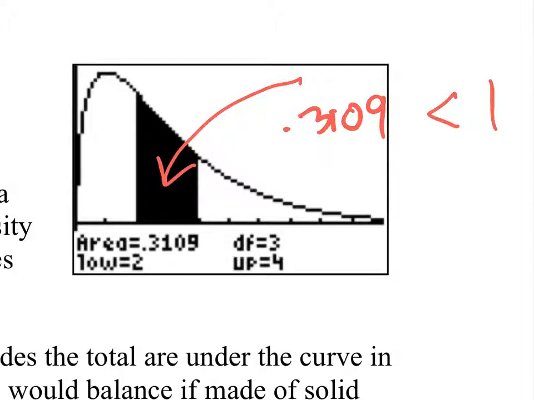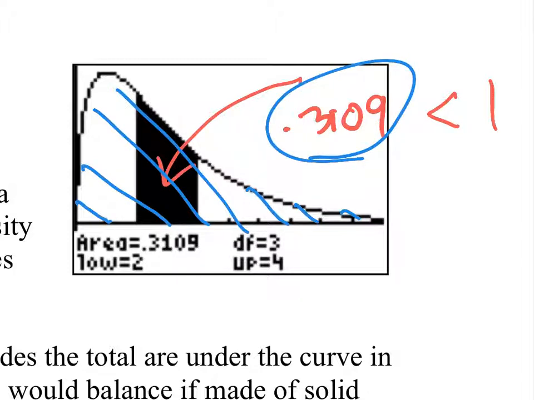To have an area of 1, it would have to be all the area. So no matter where you are measuring left and right pieces, it's always going to be a decimal that's greater than 0 and less than 1. Unless you shade in the whole thing, and then it'll be 1. Or if you shade in nothing, the area is going to be 0.